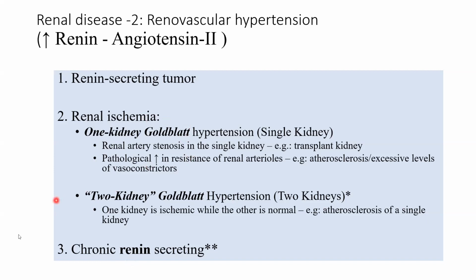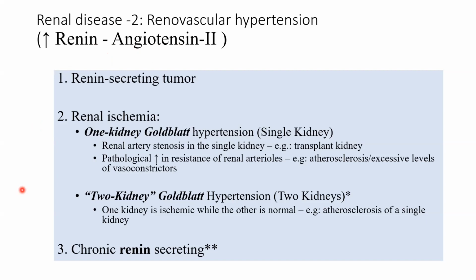How? The ischemic parts of this kidney, or both kidneys, the bad parts, will cause renin secretion, will cause angiotensin-II production. So the technology is the same, okay? The only difference is that those patchy areas, by instigating this formation of angiotensin-II, will then affect the normal parts of the kidney.